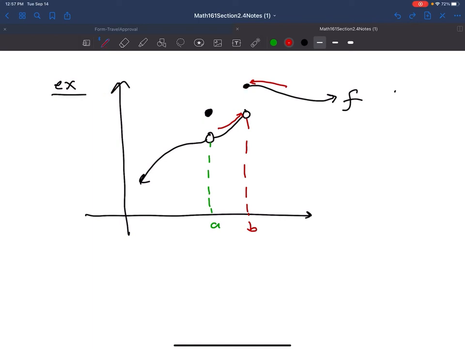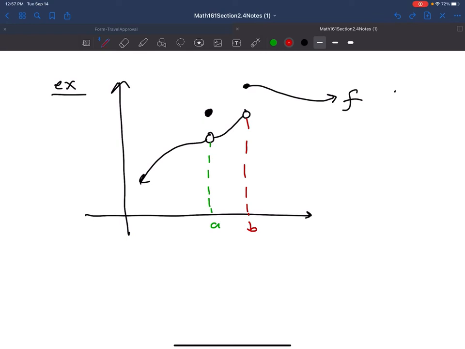But coming from the left, I don't have that luxury because my f of b is chilling out up here. My limit as x approaches b from the left is some other height that I could call L. So that one is continuous from the right and not the left at b.